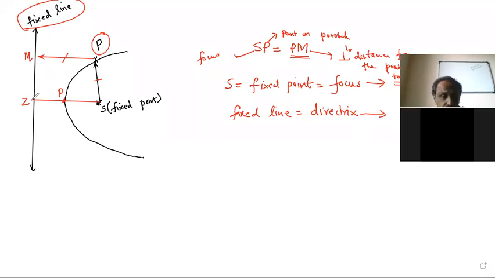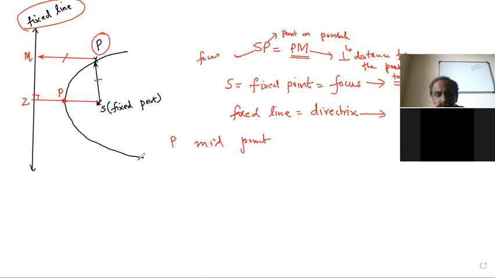ZP is equal to PS. Very good. That means P is the midpoint. That means whenever I draw a perpendicular to the directrix, the midpoint of that perpendicular from the focus will be a point on the parabola. Is that clear to everybody?